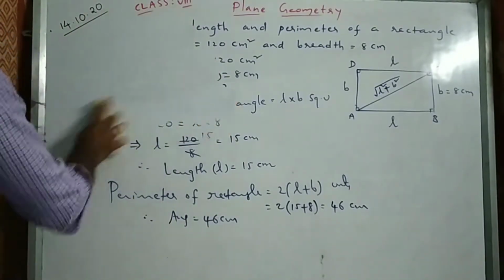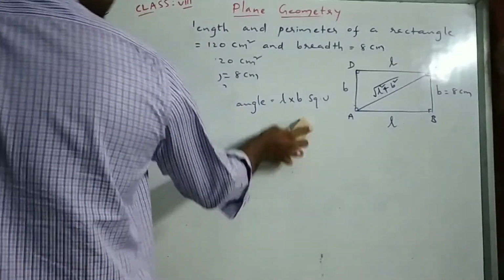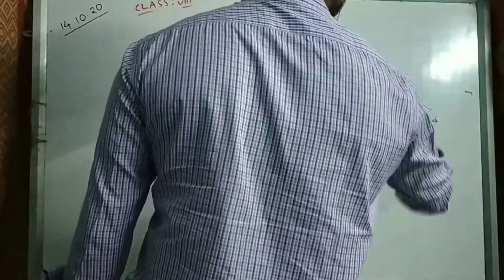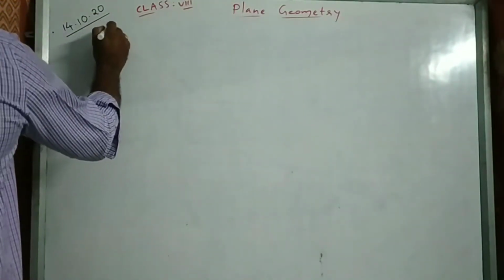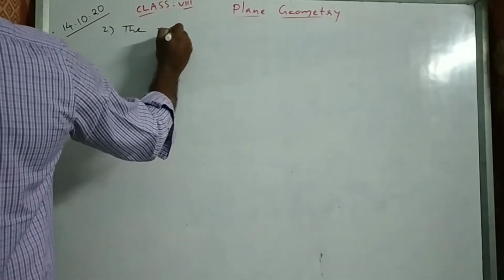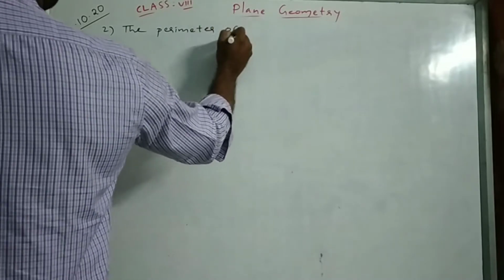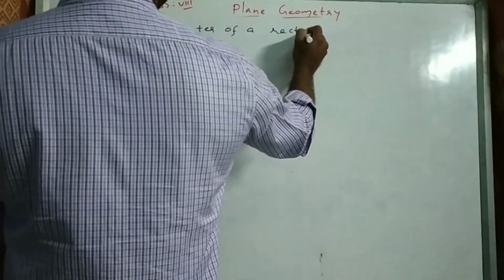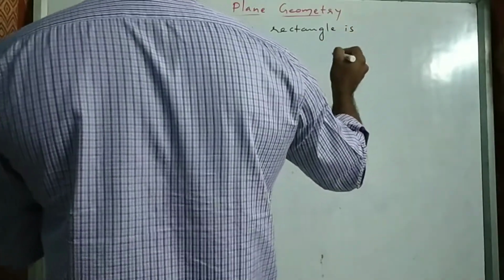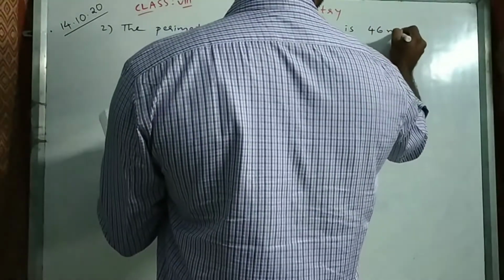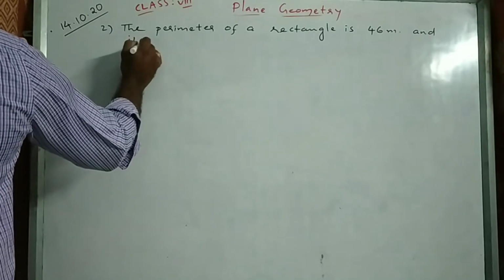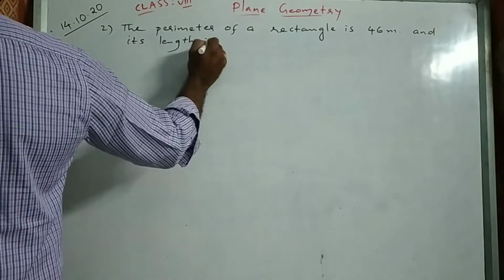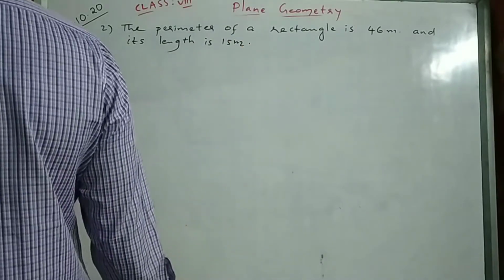See the second question. The perimeter of a rectangle is 46 meters and its length is 15 meters.